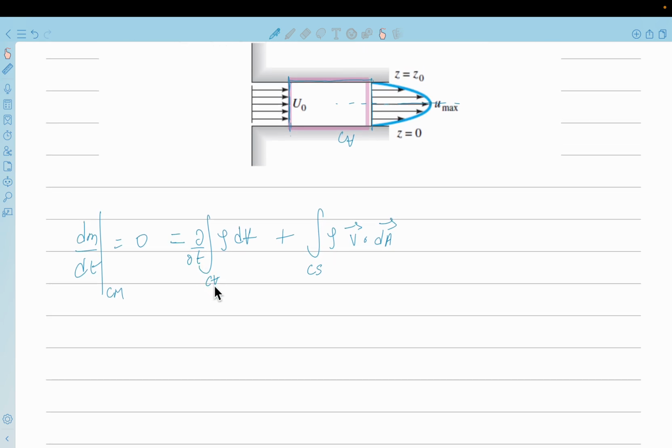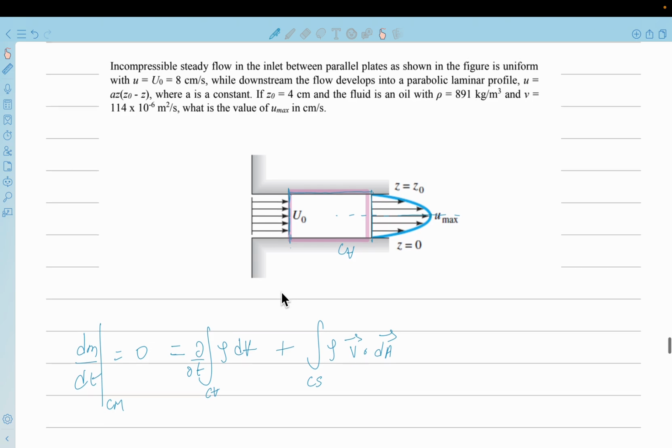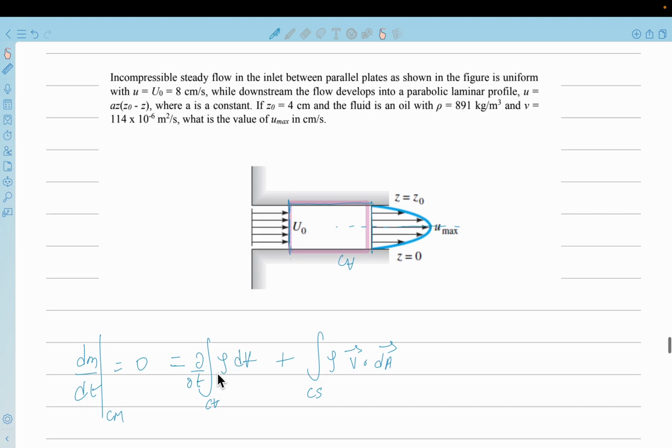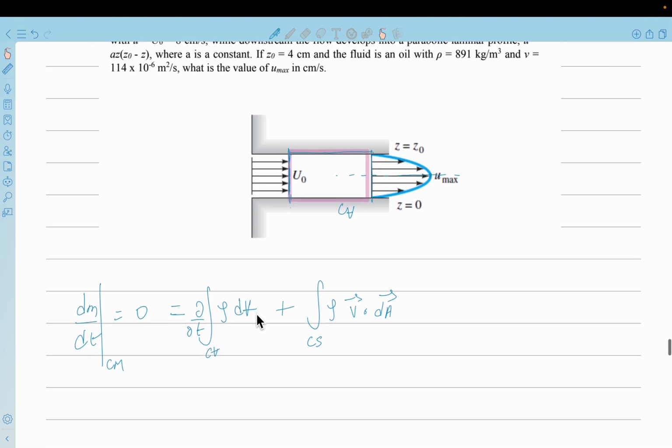What about the first term? Is the first term 0, and why is it 0? Yeah, it is incompressible flow and the volume we have taken is a constant, so we can say this is 0.